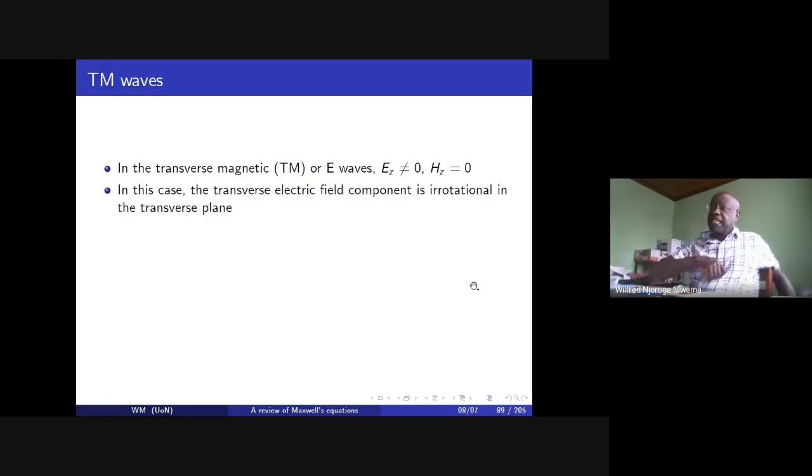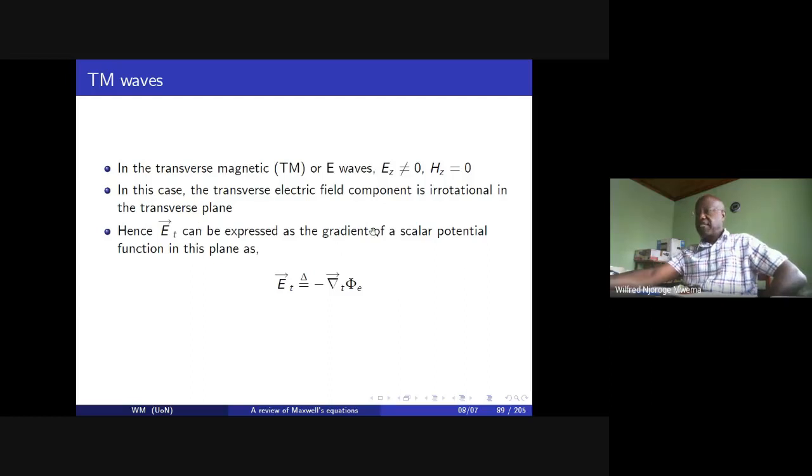We have shown that the transverse components are related to the axial components of the fields. In this particular case, the transverse electric field component is irrotational in the transverse plane. It is irrotational because the transverse curl of E of t is equal to minus j omega mu z cap H of z, and H of z is equal to 0. Therefore the transverse curl of E of t is equal to 0, and that's why we call it irrotational.